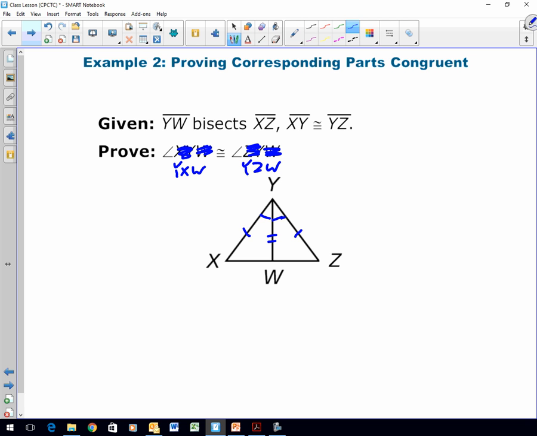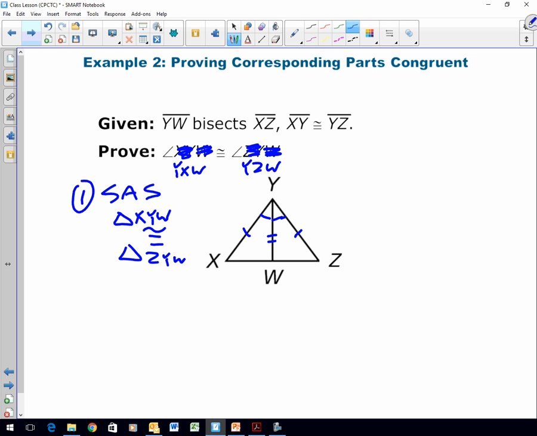This one and this one. For what theorem? Side, angle, side. So through side, angle, side, this would be the first thing I'd say: through SAS, triangle XYW is congruent to triangle ZYW.